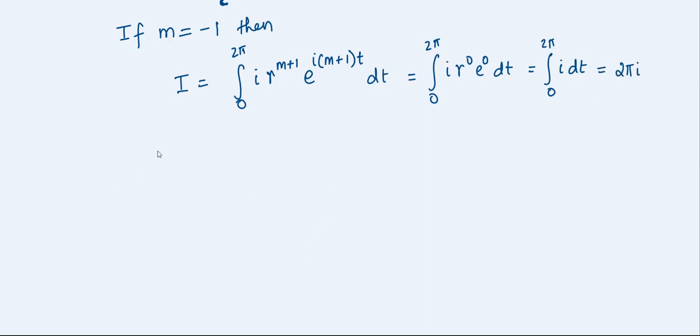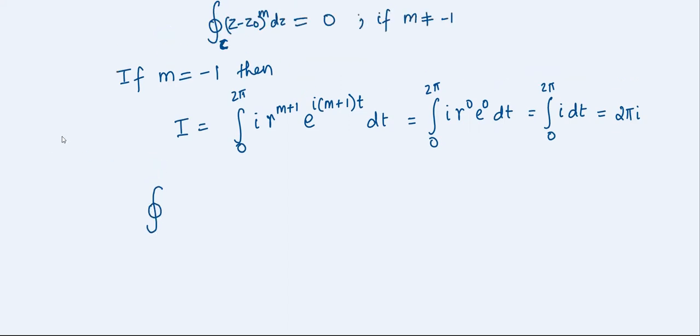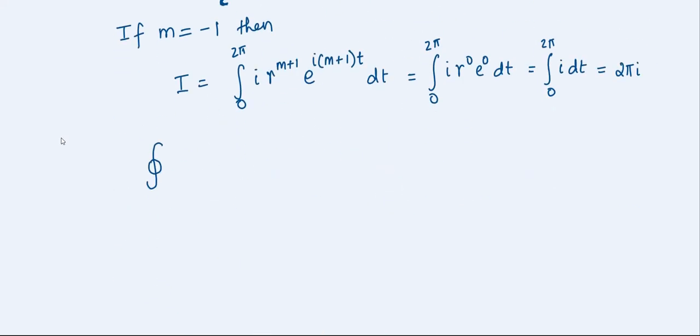So again, a very important result. If m equal to minus 1, then this is integral of 1 by (z minus z naught) dz over this closed path C.